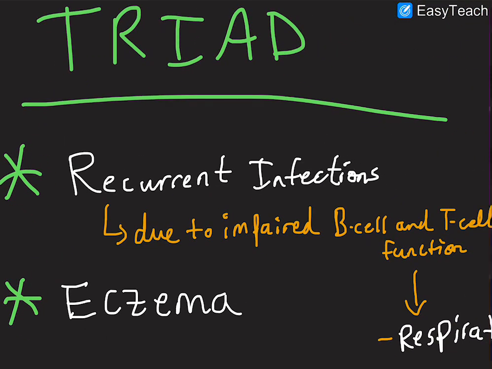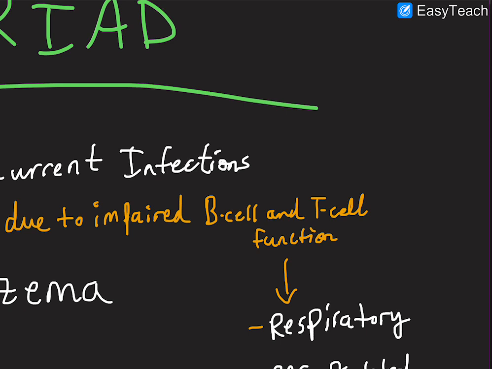So why would you see recurrent infections? Remember, we said the WASP protein is important for proper cytoskeleton function. And if that doesn't happen, our T cells, B cells, and dendritic cells are affected. So we're going to have impaired dendritic cells, impaired B cells, impaired T cells. If we have impaired B cells, we can't secrete antibodies properly.